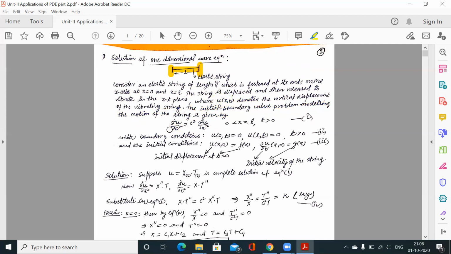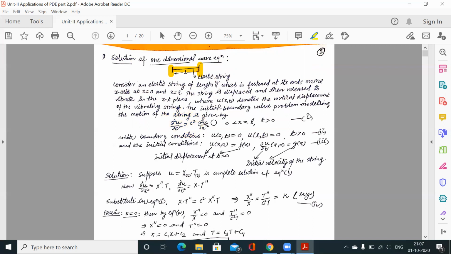The solution of this differential equation is going to tell us what the vibrations in the string are, at what time the vibrations are what, and at what length the vibrations are what. So we have two questions.